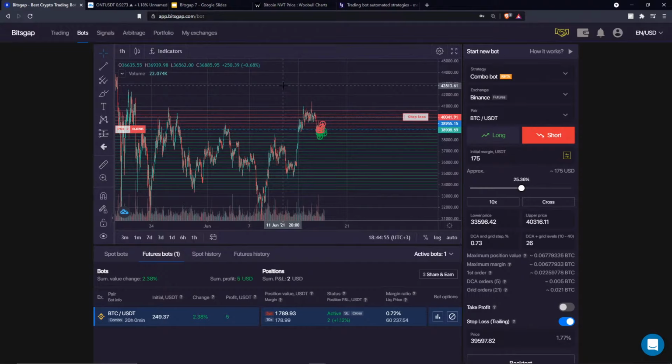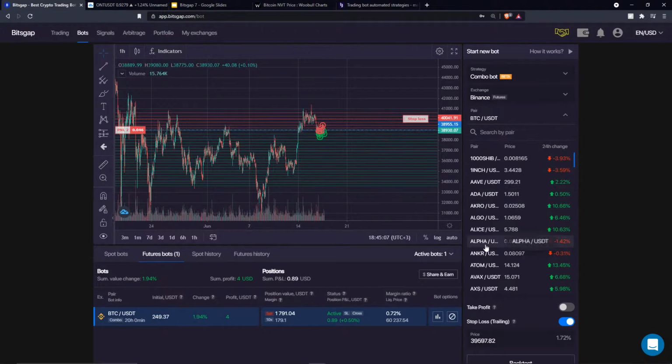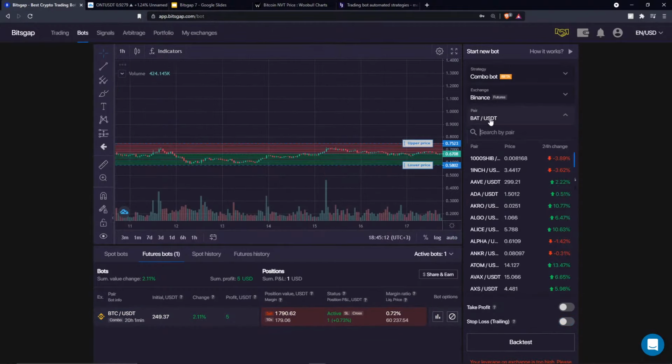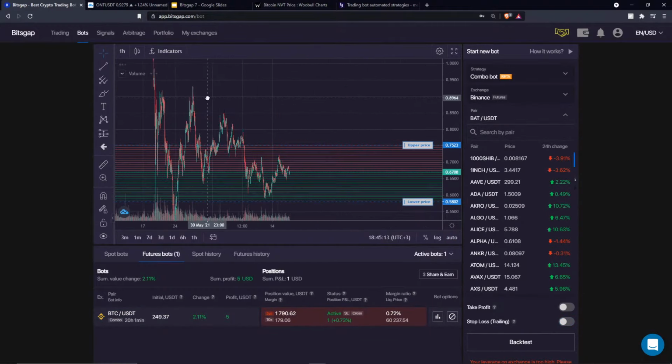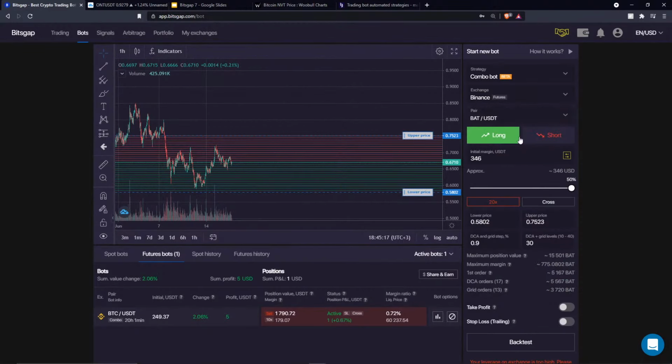And the thing about the combo bot and the algorithm that we utilize in this particular trading configuration is that the bot splits your margin. Let me check on basic attention, for example. Let's say you want to trade basic attention. Let's say you want to trade short.